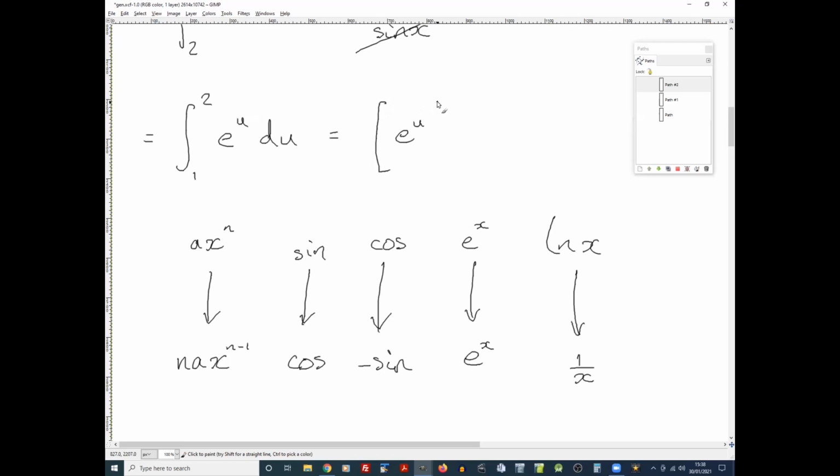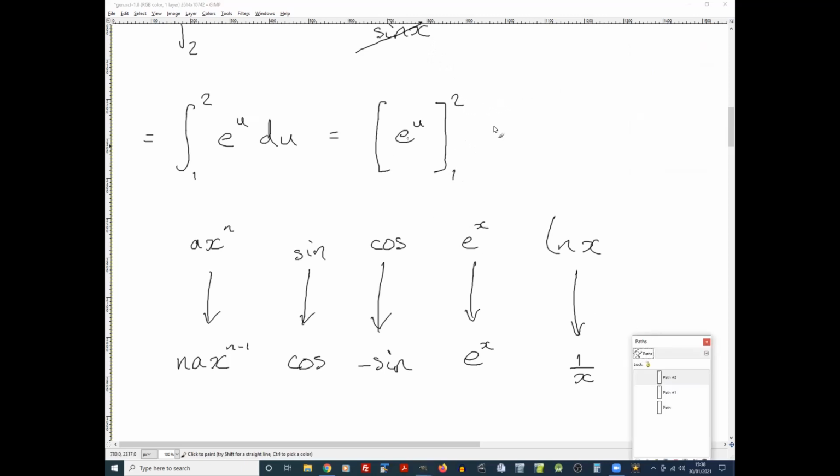You put the antiderivative in there, and then the limits there. Okay. All right. Now I get you. You were just going from here straight over to here, which is what? E squared minus e. Okay. And that is where we were meant to get to.